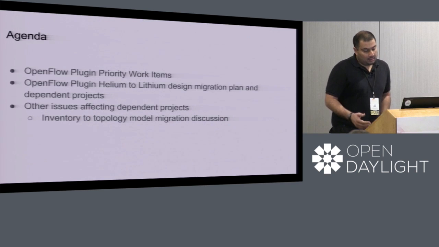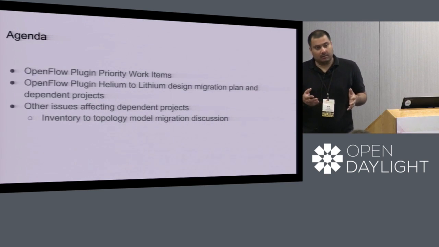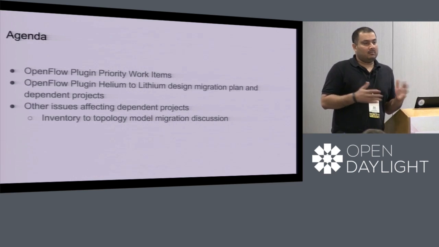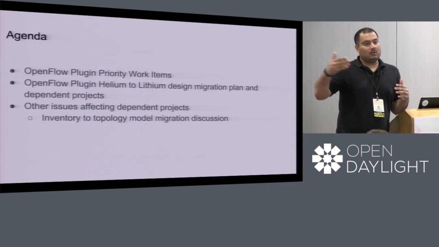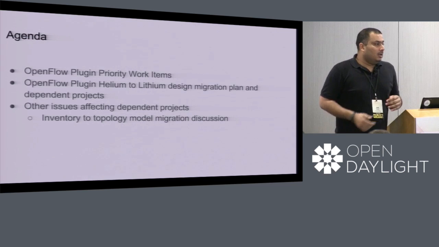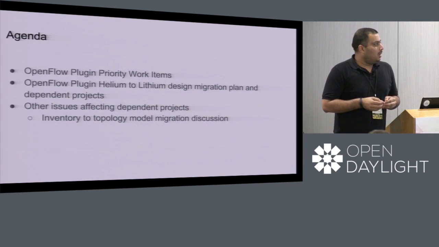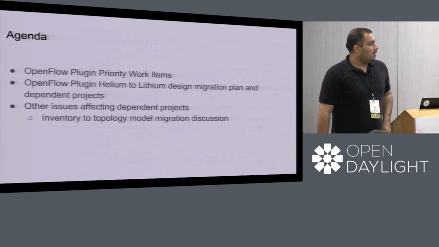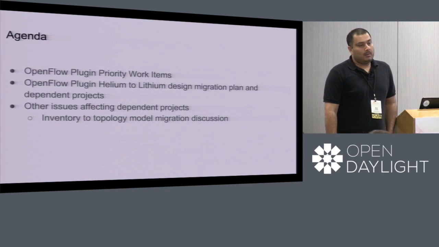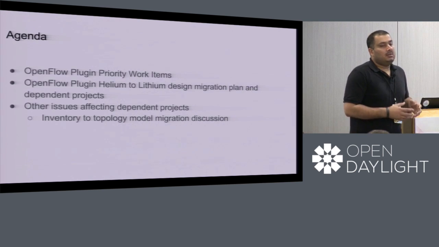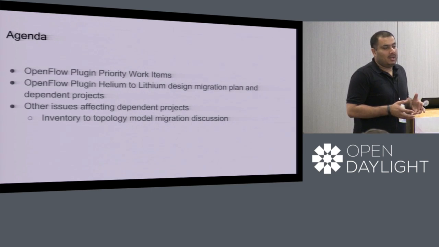Another change that is going to affect things: as of now, if you remember, the flows you install go on the inventory Yang model. You have that path where nodes, inventory nodes, and then flow table and all that. So that is all we used to use in the inventory model. Now we are planning to come up with one model, because sometimes when people look at an inventory and a topology model, they get confused about which one is where and why we are using inventory and not topology.